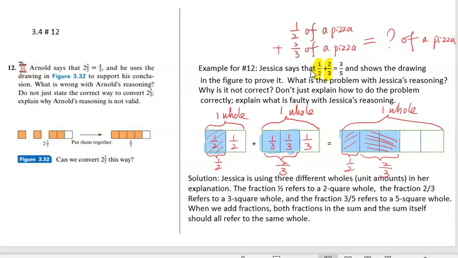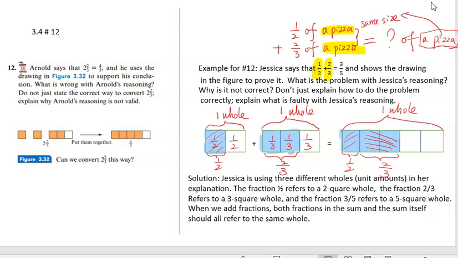So when we add fractions, 1/2 of a pizza and 2/3 of a pizza, these 2 pizzas must have the same size. And after we add them, the answer, out of the pizza, is also of the same size.